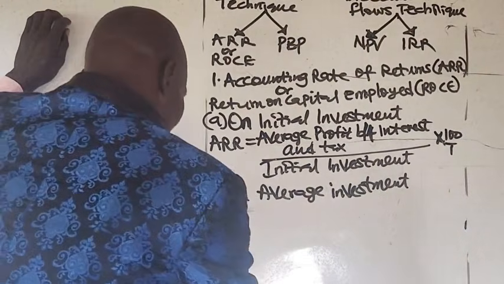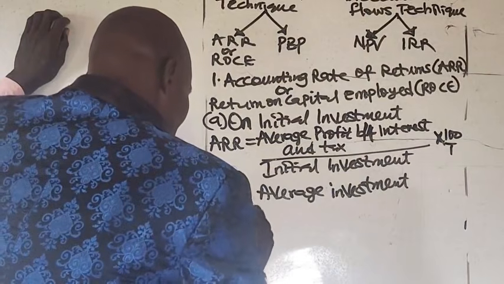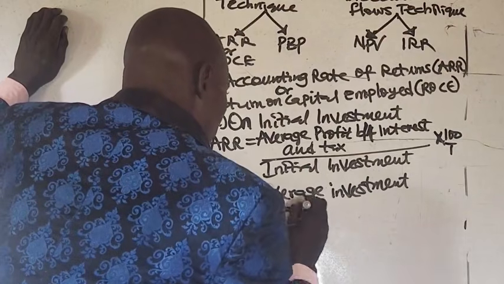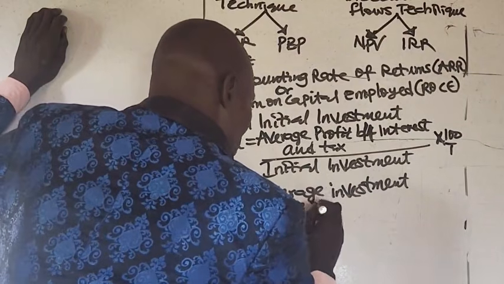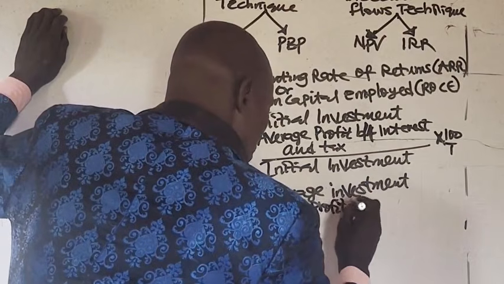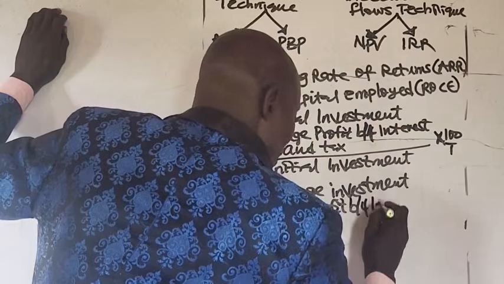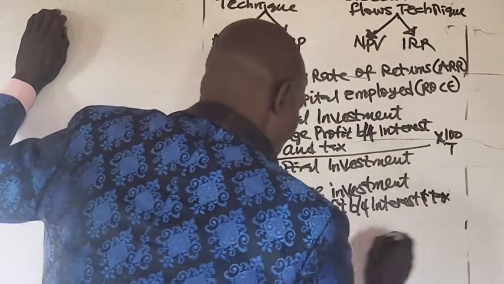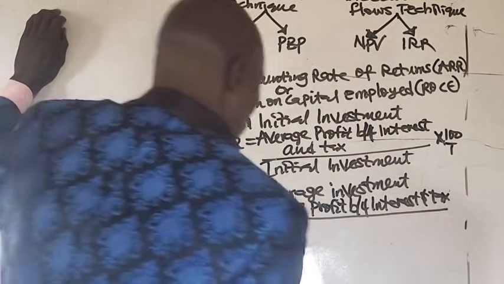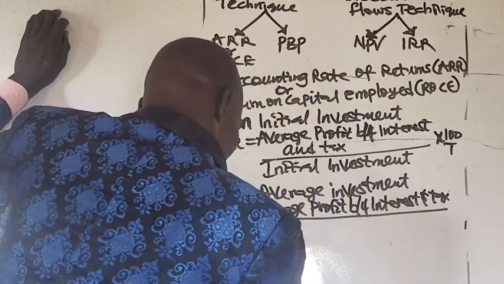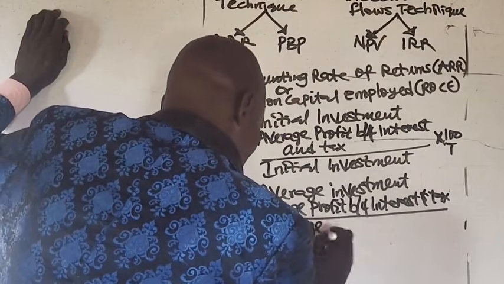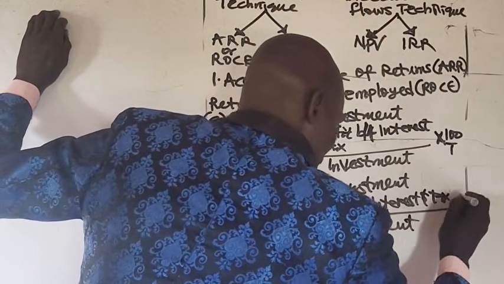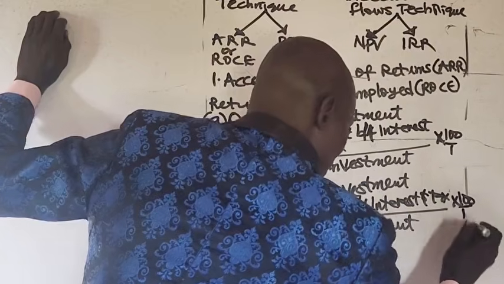So the formula will become ARR equals average profit before interest and tax over average investment, times 100 over 1.